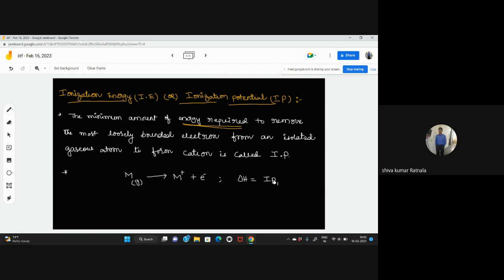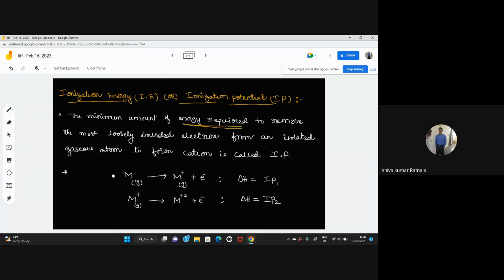If we are removing one electron, that is IP1. And if I take M plus, which is also gaseous, and remove one more electron, the metal, a simple element M, will form M2 plus by losing an electron. The energy for this process is called IP2, because from the same element M we are removing one more electron.